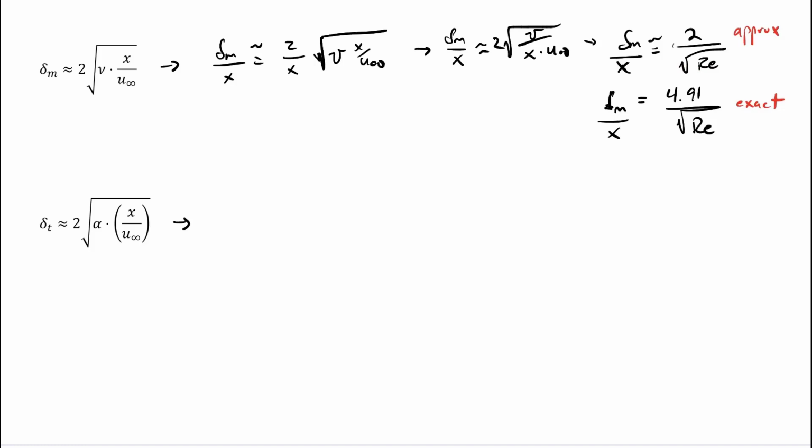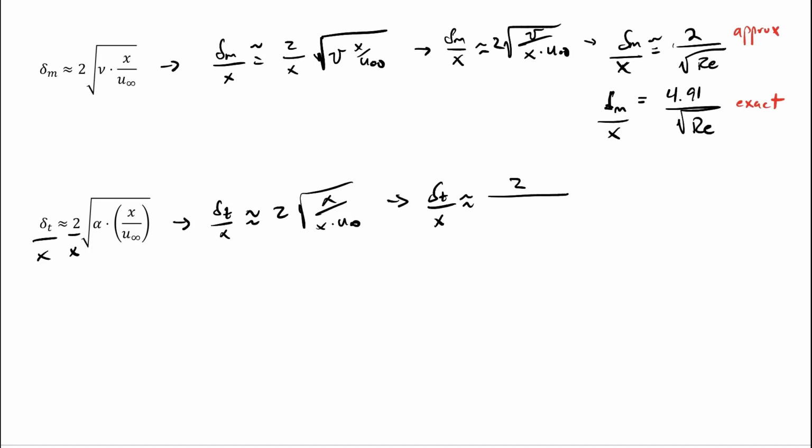So let's just divide both sides by x, and then this becomes delta t over x, which is approximately equal to 2 square root of alpha over x times u infinity. So delta t divided by x is approximately 2 times... let's take everything in the square root and put it in the denominator, and then we're going to multiply by nu divided by nu.